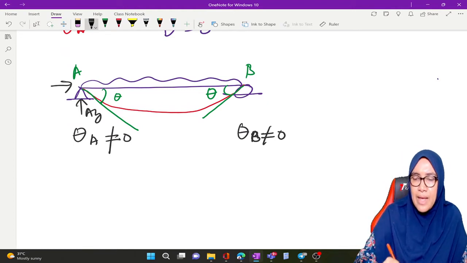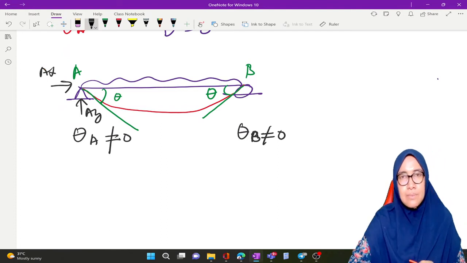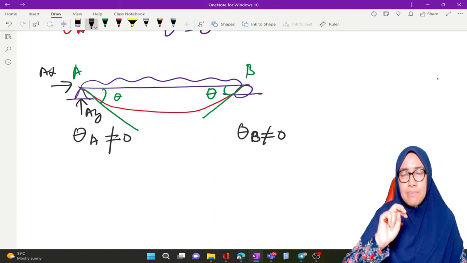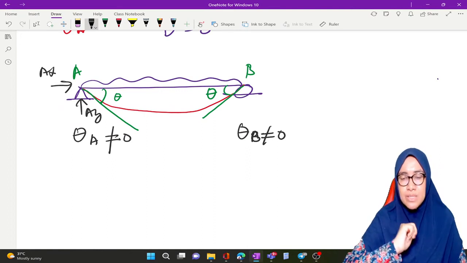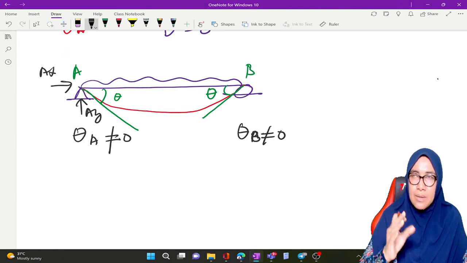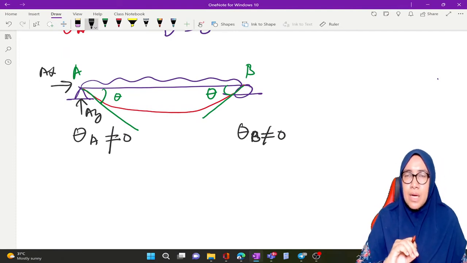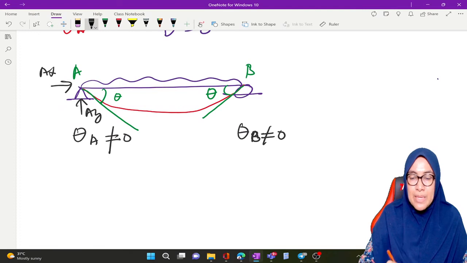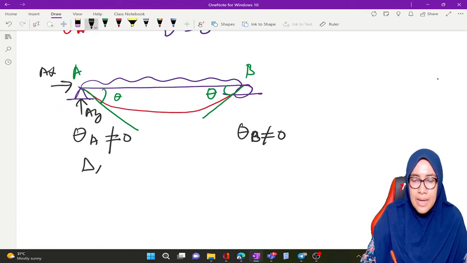Understanding the pin support, there are 2 unknown reactions. Looking at the support in the opposite condition, it represents delta in x equal to 0 and delta in y equal to 0.